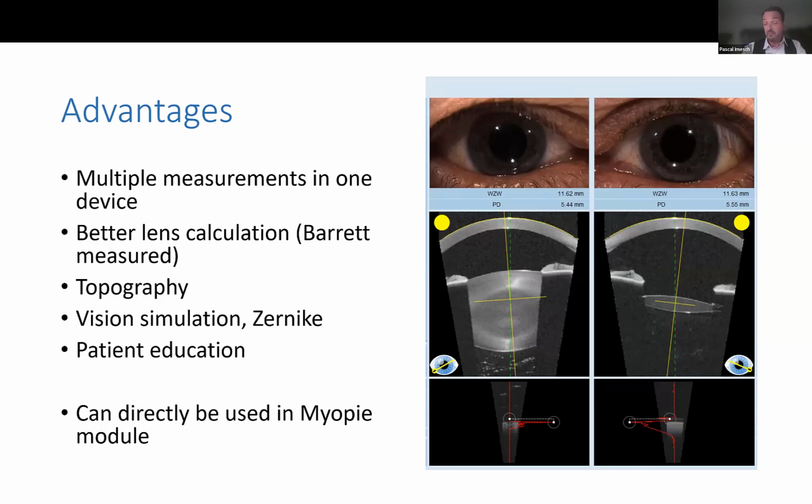And what's really something really useful, you can also use it for kids, for the myopia module, where you not only enter refraction, but also axial length of the globe. And you can use those measurements of the Eyestar directly in the Eye Suite for the myopia module also.